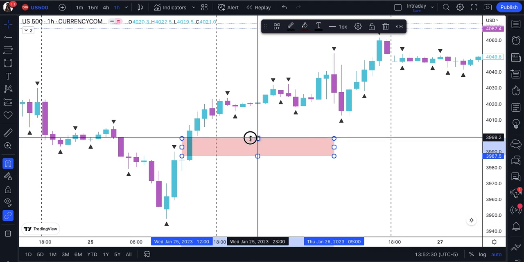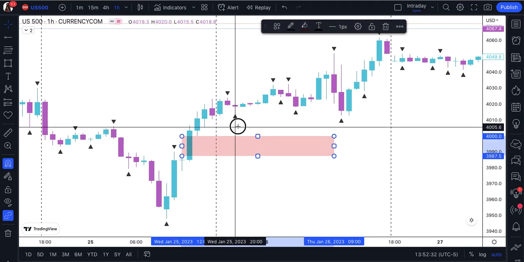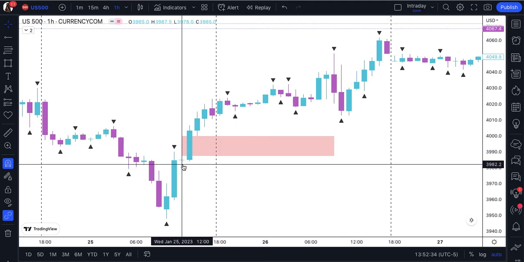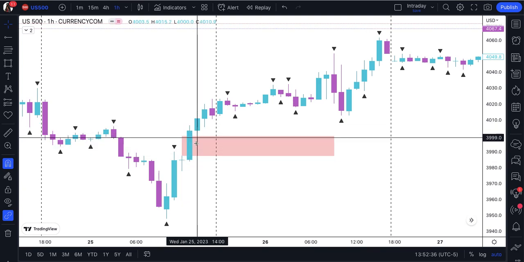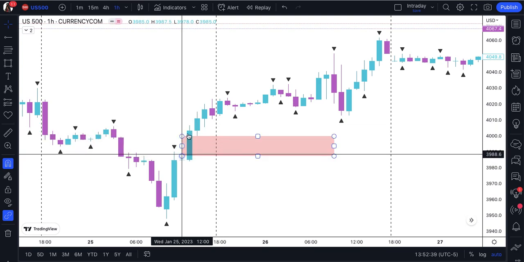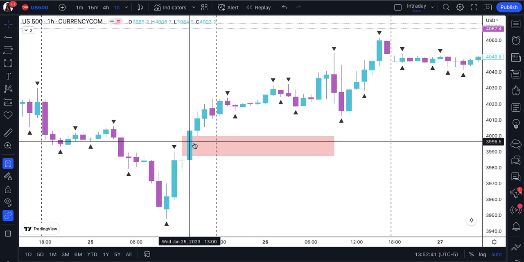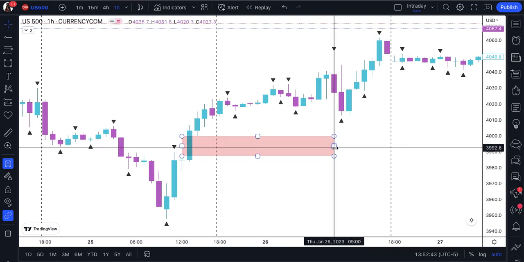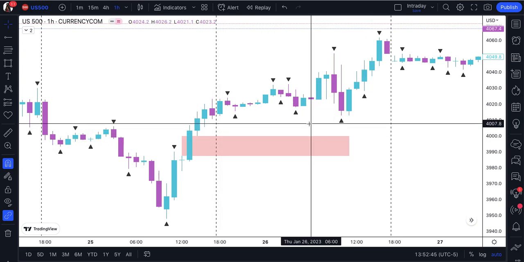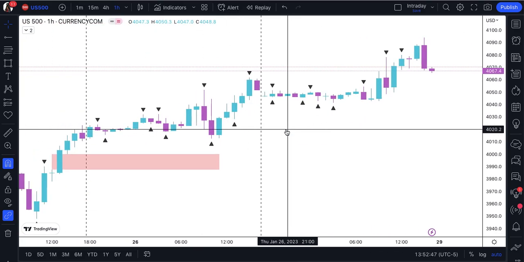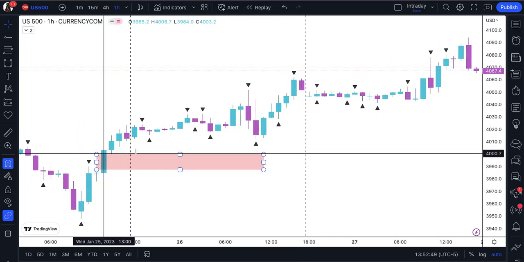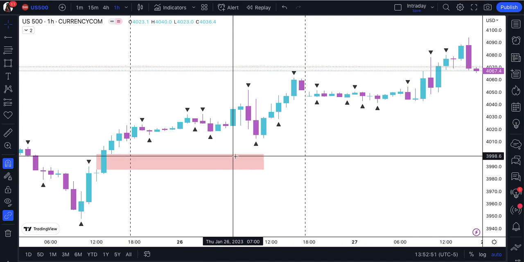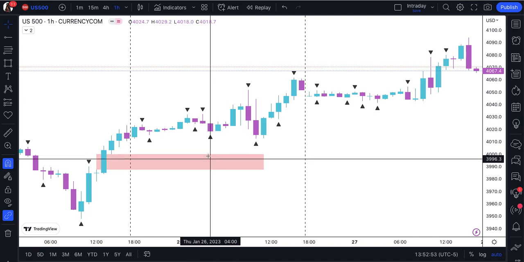It's another three candle pattern. You have 1, 2, 3, and there's a big gap in here where price never came. This is open space. It never came back in here. So that didn't get retested. But that would be a level of support.